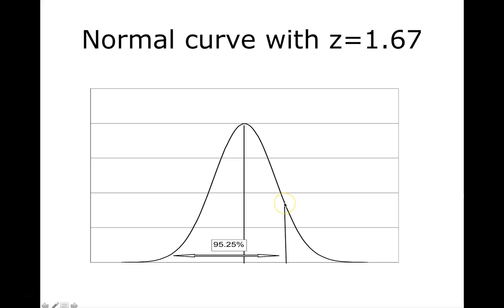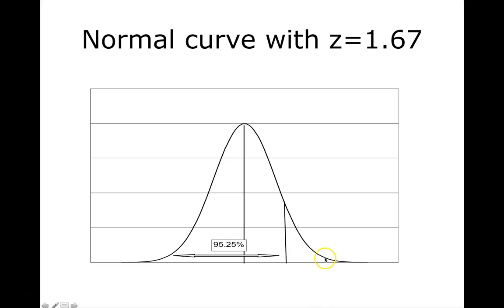So we know that in a typical normal distribution, whatever score that we utilized to give us a z-score of 1.67 actually corresponds to a point in the distribution. And so then if we go back to that and subtract 95.25 from 100. There's always 100% of scores under this normal curve.